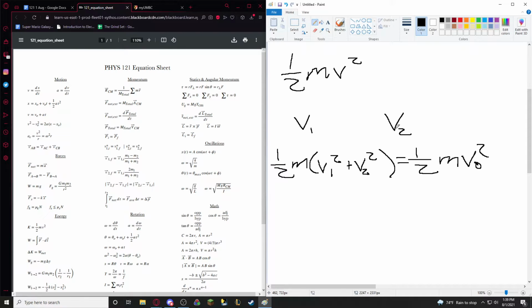Right? So how could we solve for v1? What are our options for values of v1 and v2?